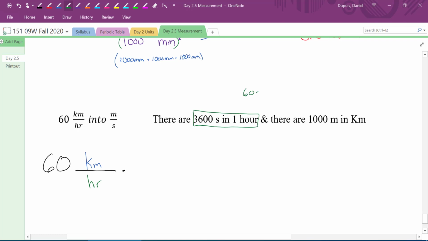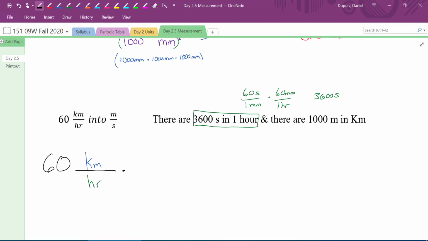There's 60 seconds in 1 minute and 60 minutes in 1 hour, right? So that means 60 times 60, 6 times 6, 36, 2 zeros, 3,600 seconds in 1 hour. That's how many seconds are in an hour. You don't have to memorize that. You can do 60 seconds in a minute and 60 minutes in an hour, and that works.